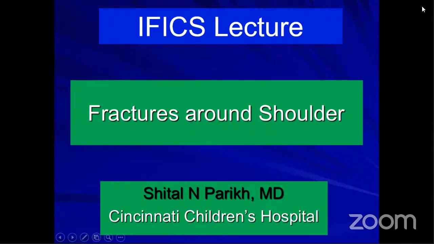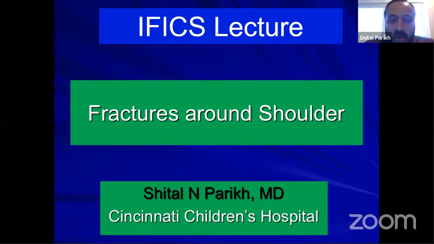Excellent. Okay. So in the next hour, we'll talk about some fractures around the shoulder and our experience with treating these injuries. A lot of these injuries, when it comes to joint involvement, like the SC joint, AC joint, or the glenohumeral joint, fall within sports medicine.